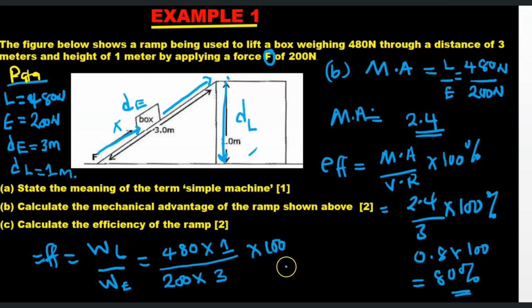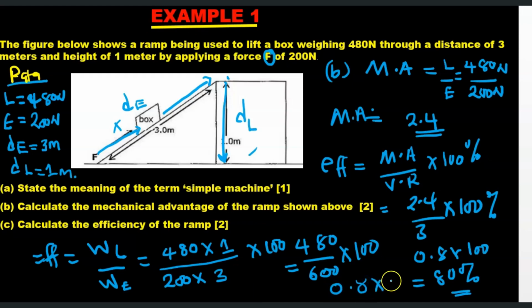So we have 480 divided by 3 multiplied by 200, which is 600, multiplied by 100%. 480 divided by 600 gives 0.8. Multiply by 100, and we still have 80% as our efficiency.